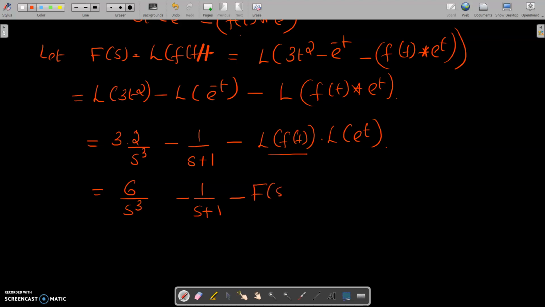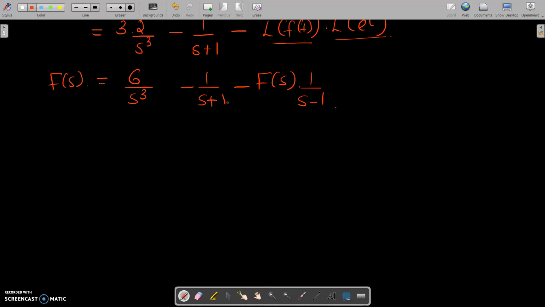That is F of s into Laplace transform of e raised to t, and that is 1 by s minus 1. So we have F of s is equal to 6 by s cube minus 1 by s plus 1 minus F of s into 1 by s minus 1.